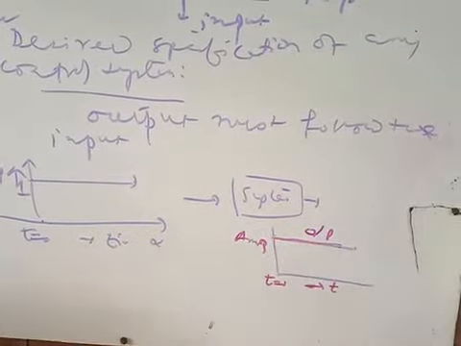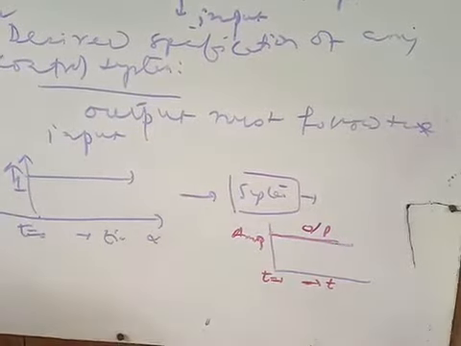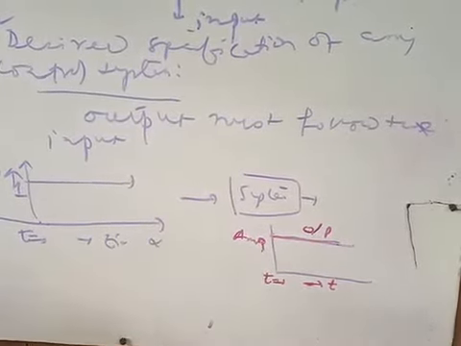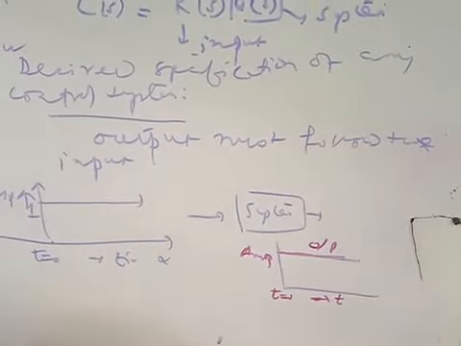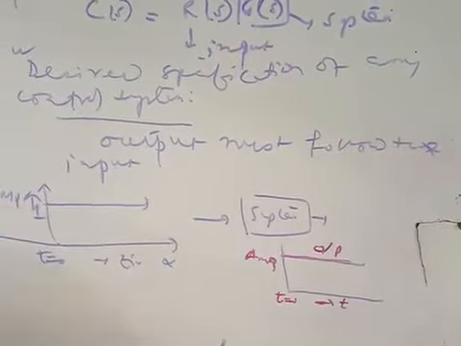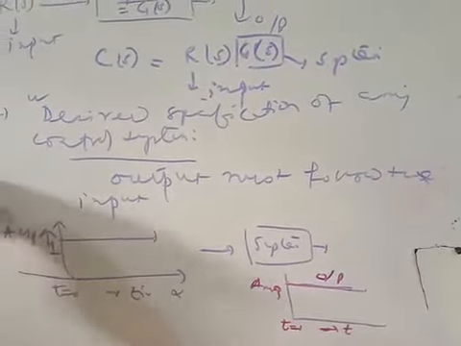That means there may be different ways in which the output may follow the input. I am going to discuss how the output follows the input for different order systems and for different types of input. Say the input may not be like this, the input may be this.